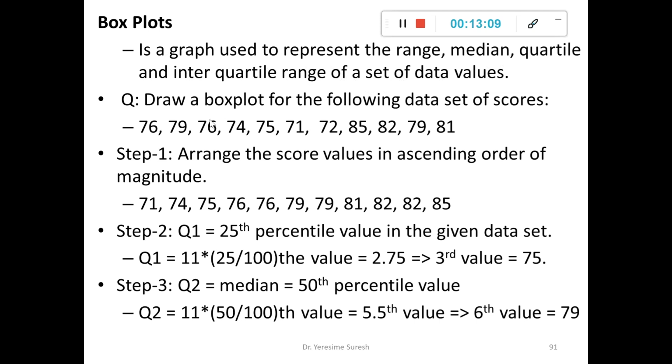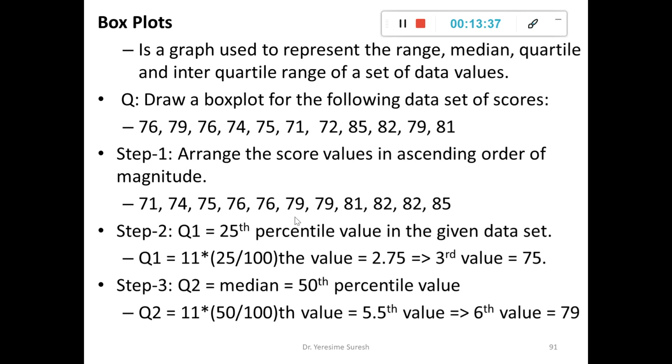Now my objective is to draw a box plot for the given data set of scores, the marks of a student, which has different observations. The first step while designing a box plot is to arrange the score values in ascending order, from the lowest value to the highest value. That is what I've done, 71, 74, 75 up to 85.